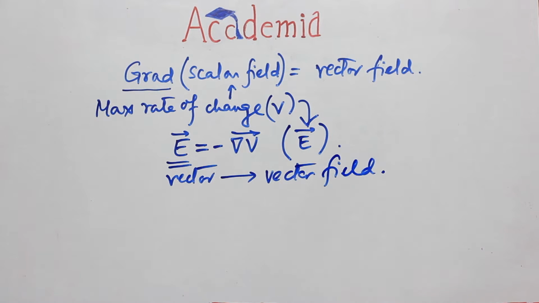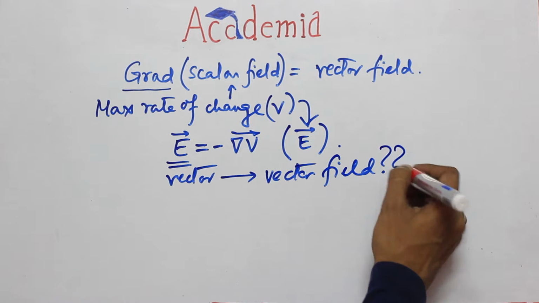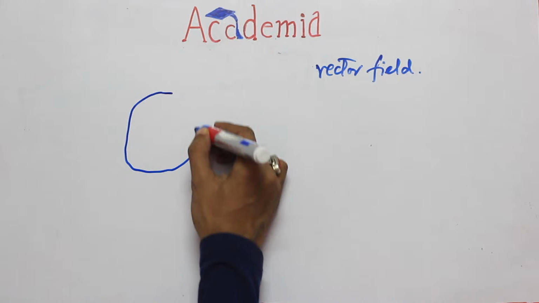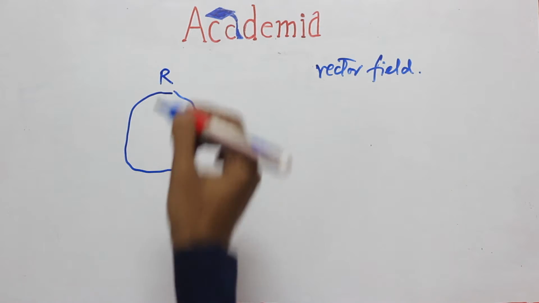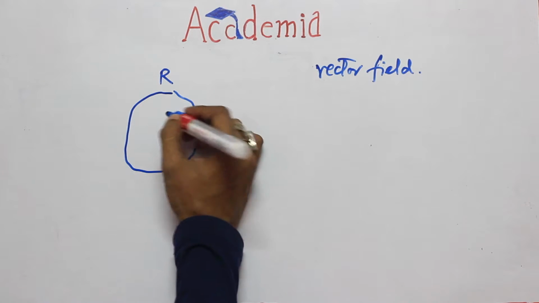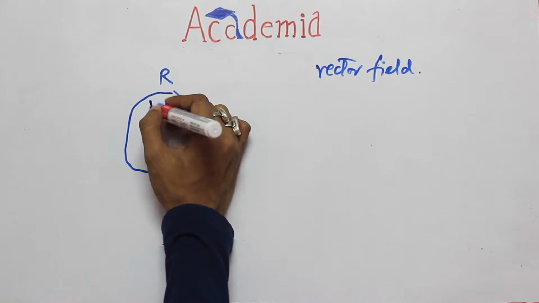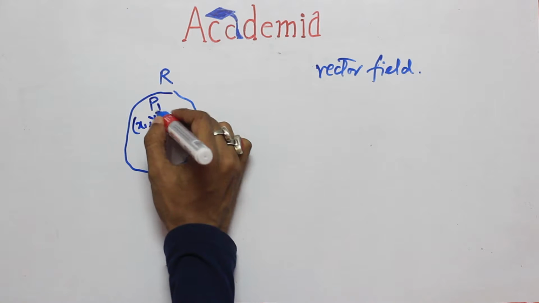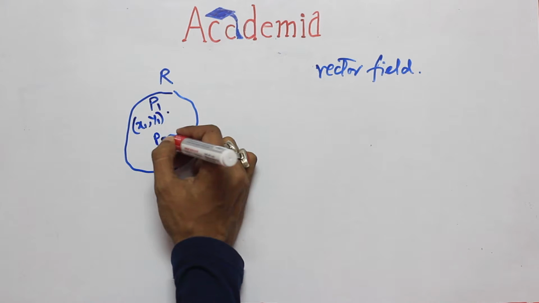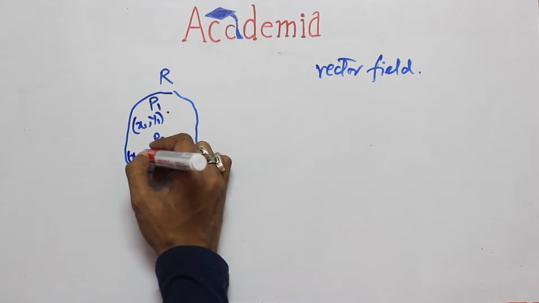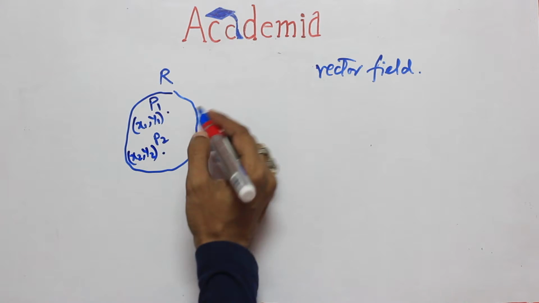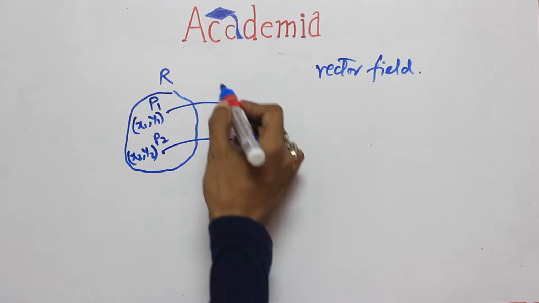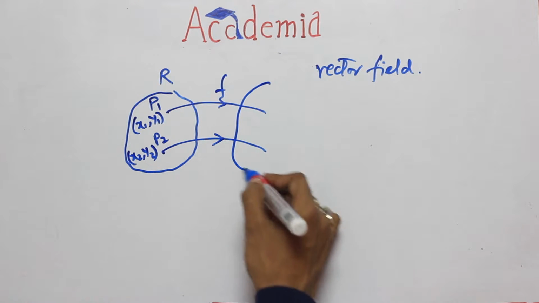Now, what is the actual notion behind this vector field? In earlier class, we mapped points from region R, say P1 specified by x1, y1, and P2 specified by x2, y2, into a different region f(x,y).